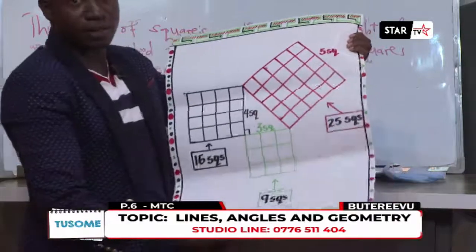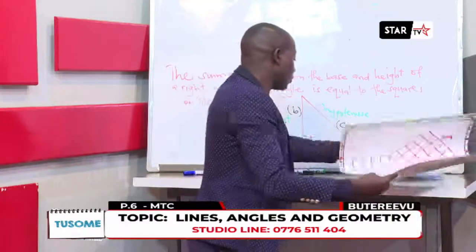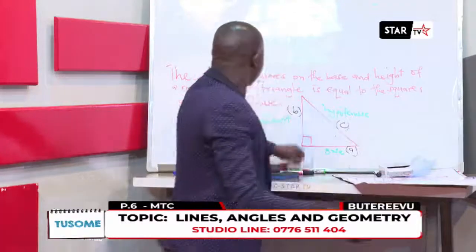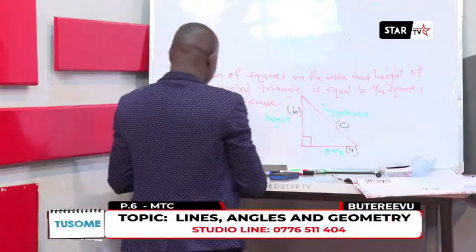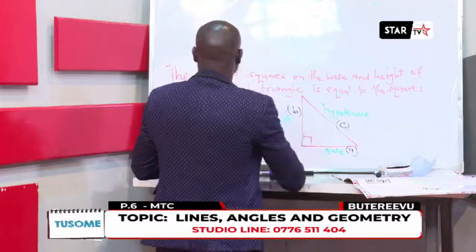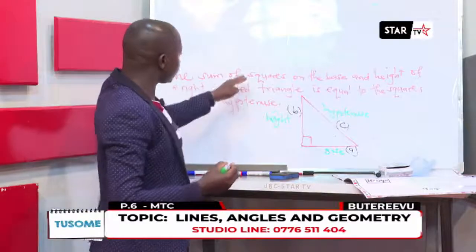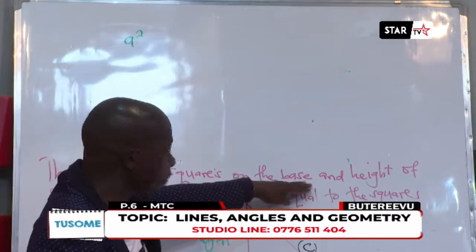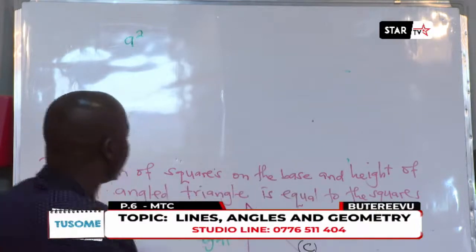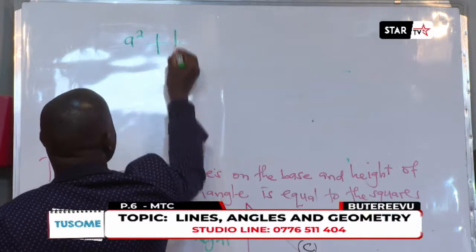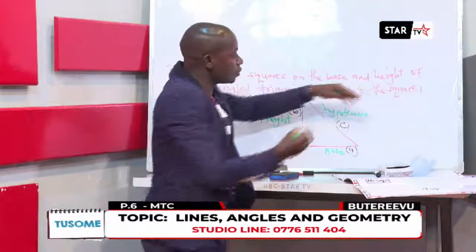We are going to base on this fact and say that the sum of the squares, instead of writing this statement, the sum of the squares on the base and the height, we shall have a simple statement that A squared stands for the squares on the base. Then plus B squared. Now B squared is standing for the squares on the height.